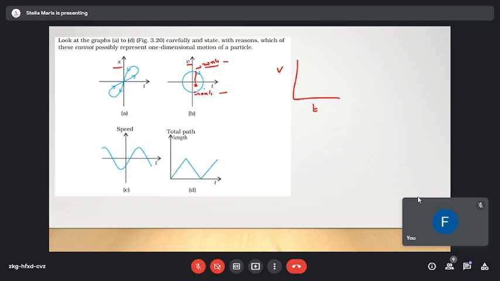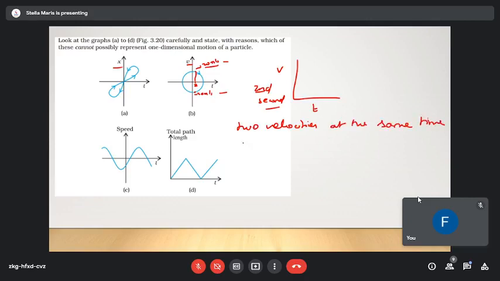So 2 seconds is nothing but an instant, right? At that instant there are two velocities, one positive and one negative. Is it possible or not? No, sir. Okay, so an instant cannot have two velocities at the same time.